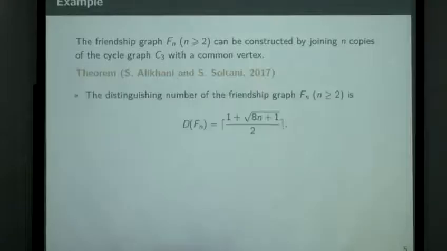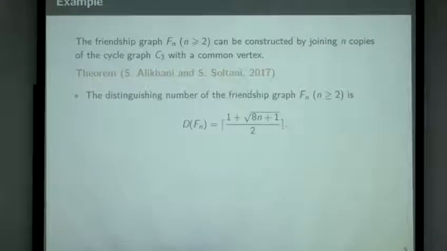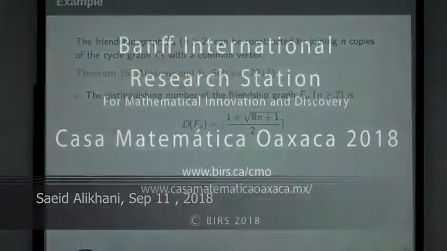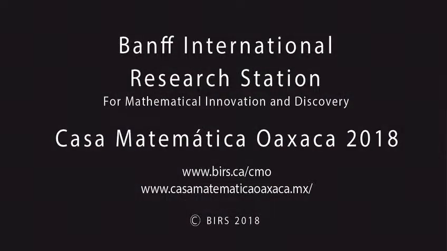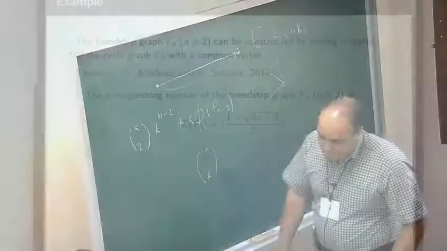You see here, the friendship graph, as you know, is the join of K1 and a union of K2's, and has this figure.